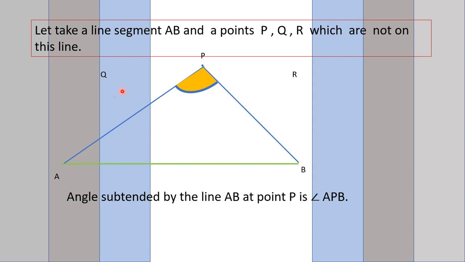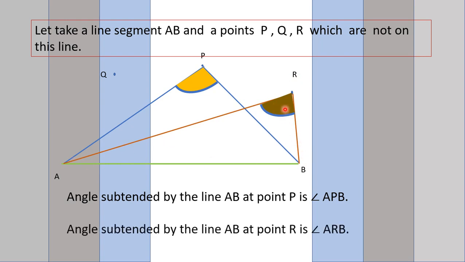When we join point R to A and B, again we get our vision side when observing the line segment AB from point R, so this is the angle subtended by the line segment AB at point R, that is angle ARB, or we can call it BRA.